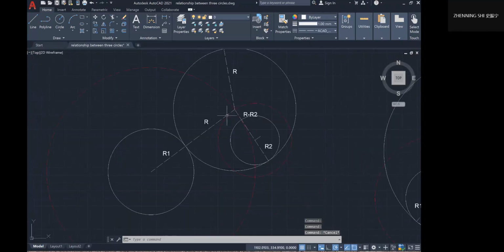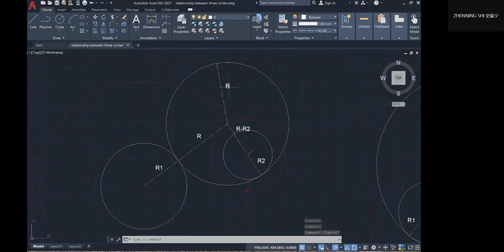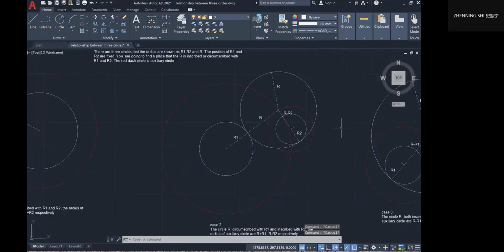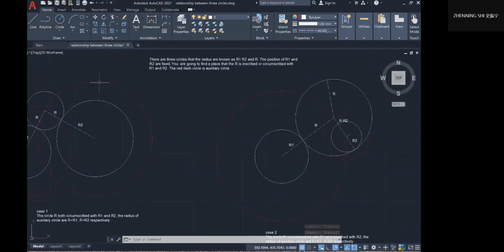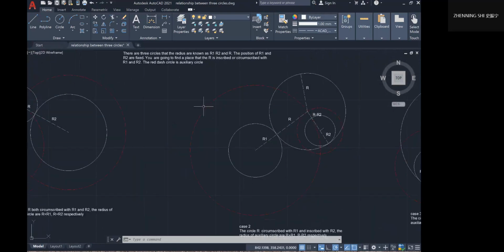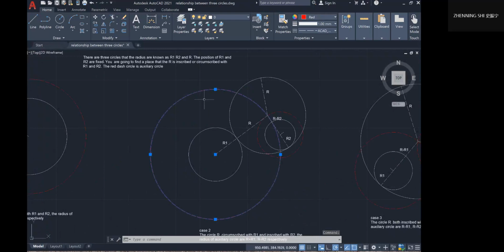And now I have the radius of R, and we want to find the place of the center of R that is circumscribed with R1 and inscribed with R2. So how can we do that? I think the first step is easy. It's like the one before. First you have to find the circumscribed circle.